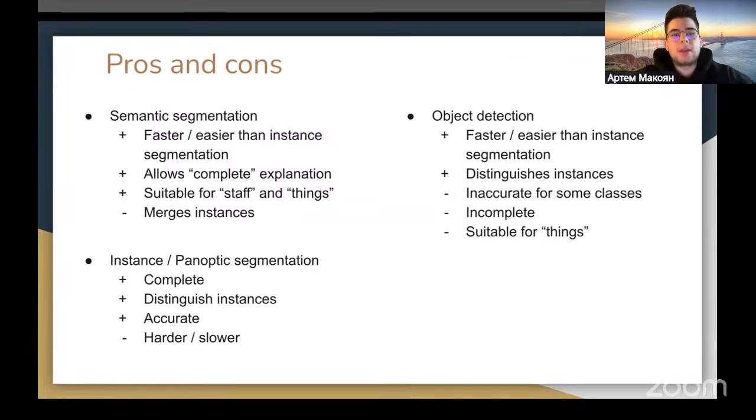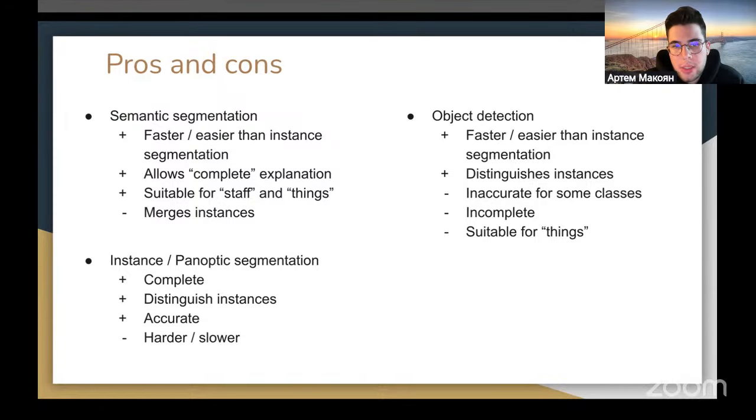Okay, let's discuss pros and cons of these approaches. First let's take semantic segmentation. Obviously, it's easier than panoptic segmentation, and in fact, it's easier than instance segmentation, so it's faster and easier. It's suitable for stuff and things.